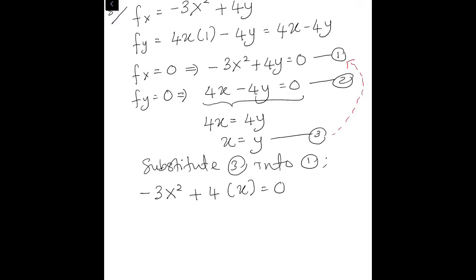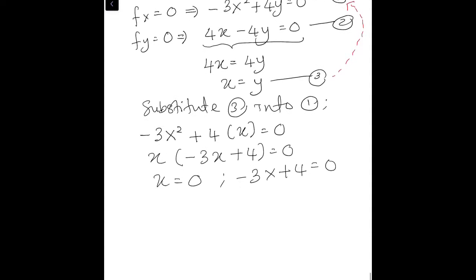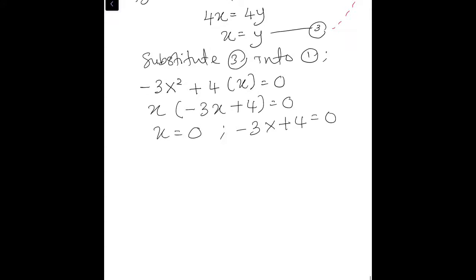Since we have x in both terms, we can factorize x. And separating them, we have x equal to 0 and minus 3x plus 4 equal to 0. Solving minus 3x plus 4 equal to 0, we have x equal to 4 over 3.